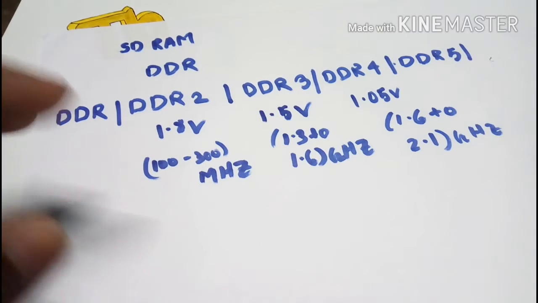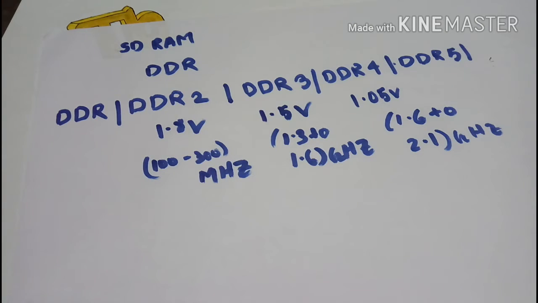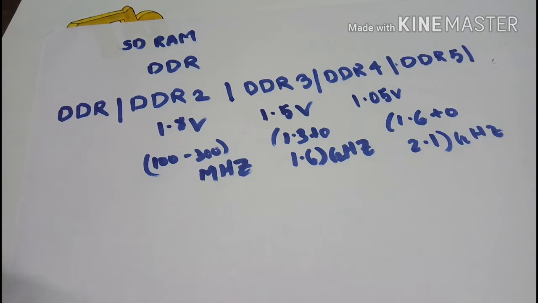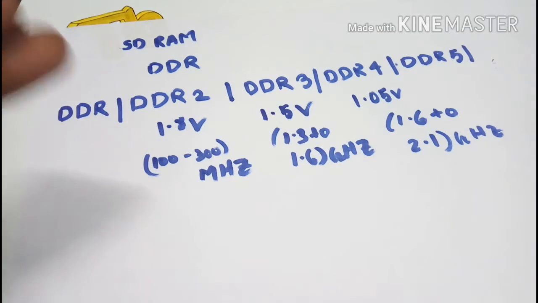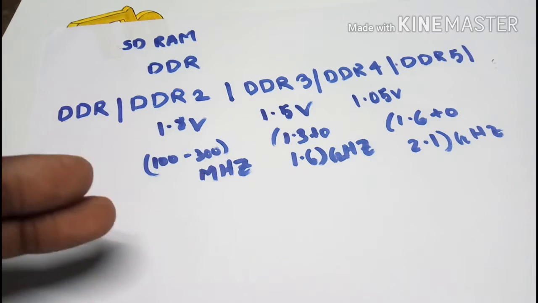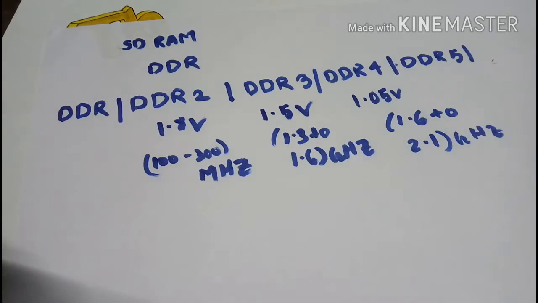They have a very high clock speed and can process data at a very high speed. Now the RAM has to load the data and then supply it to the processor.